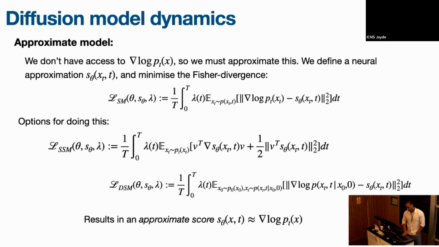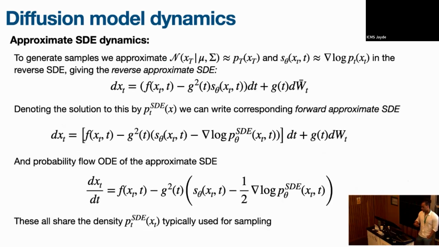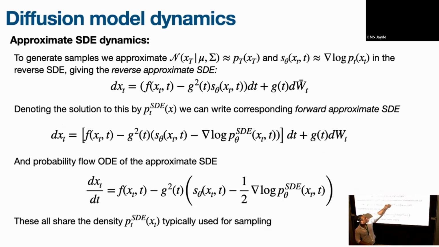So you're going to take this approximation, s_theta, and substitute it into one of your generative processes. So if we think about the reverse SDE, then the generative process is this guy here, where I've substituted in my neural approximation to the true score.